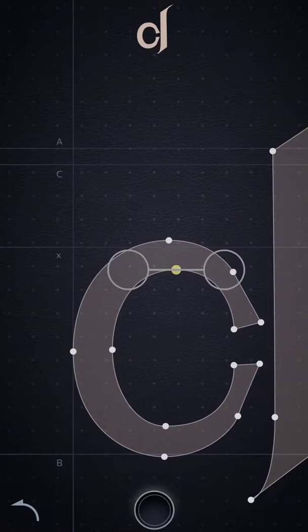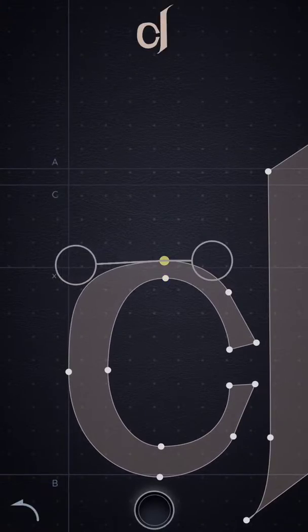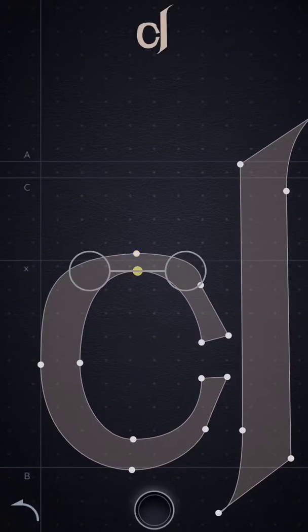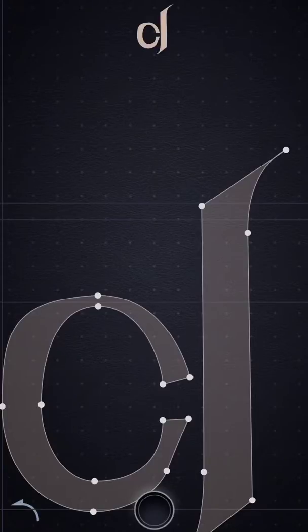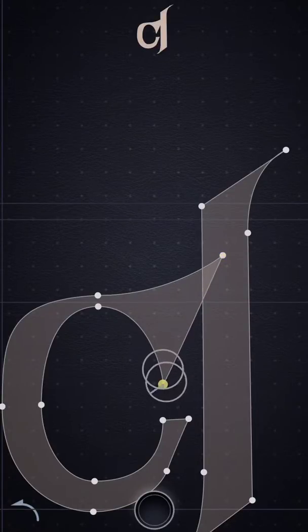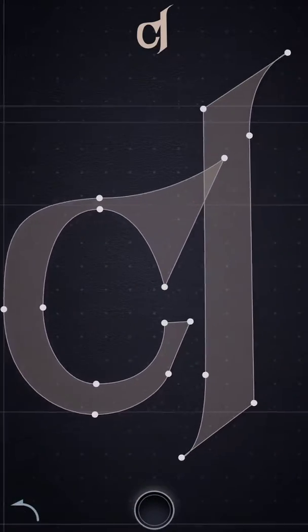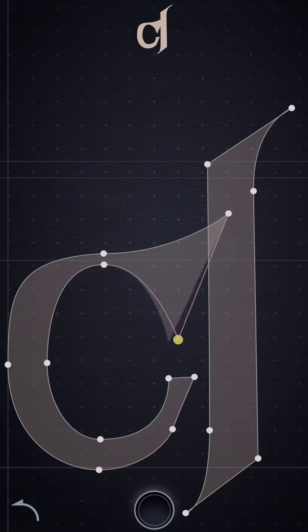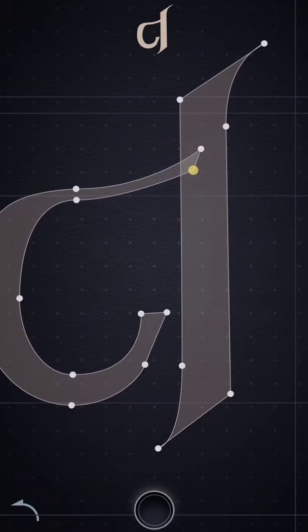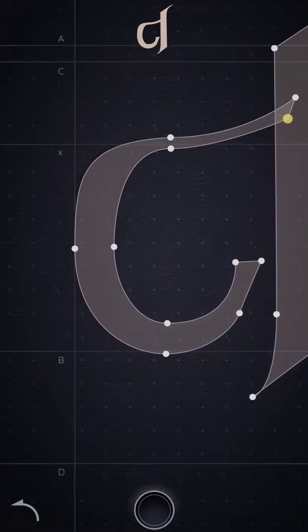All right, so move this one up. Let's make this a bit wider. And delete this guy. And move these guys up. Oh, reset this one. I always reset my points if they are not necessarily rounded.